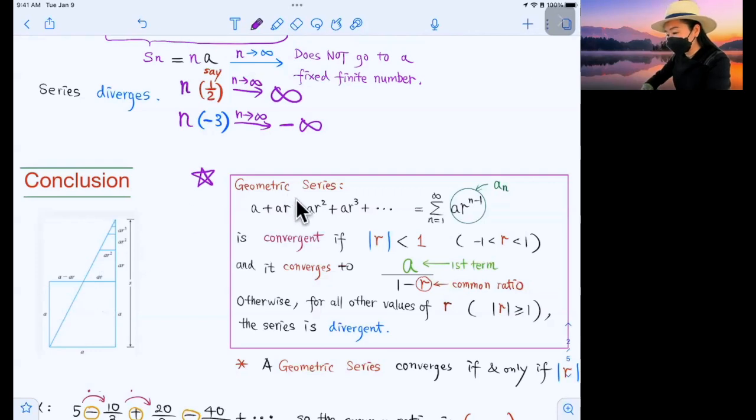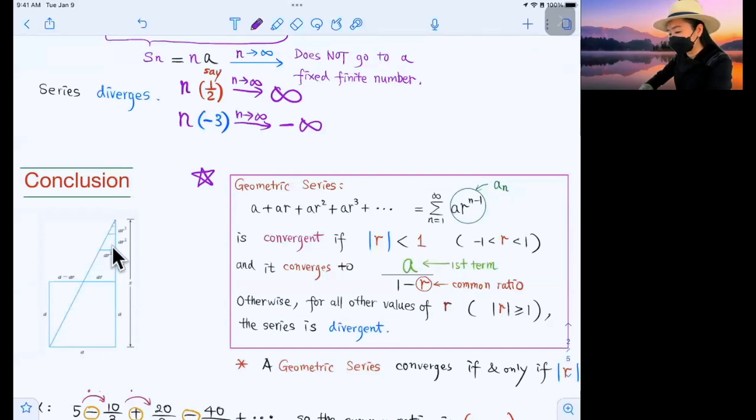If r is between 0 and 1, then a times r is a portion of the side. That's ar, and then you construct a square over here again with ar as a side. If you times r squared, this is ar squared. If you times r again, this is ar cubed, etc. And looking at this, a plus ar plus ar squared plus ar cubed, and so on, keeps on going. It is the length of this to this. It converges to this.